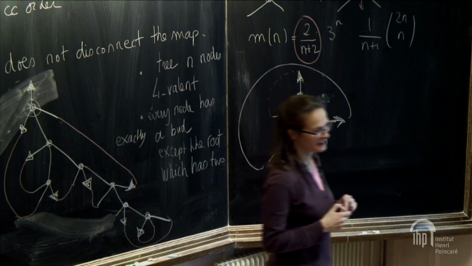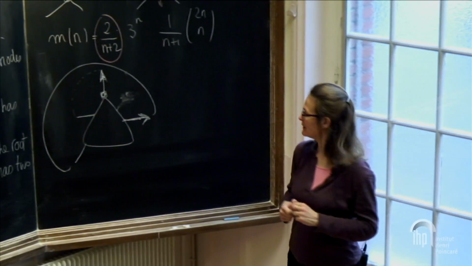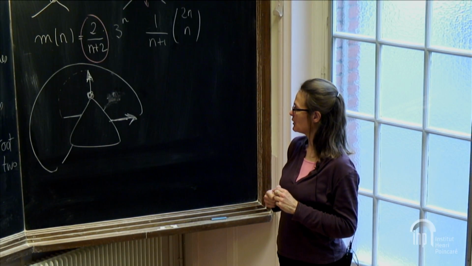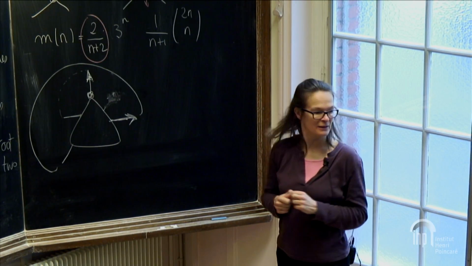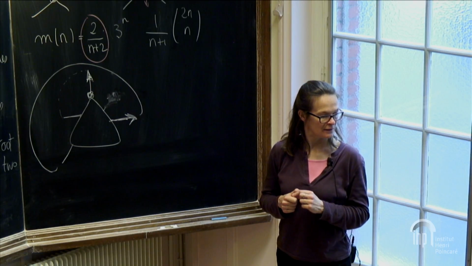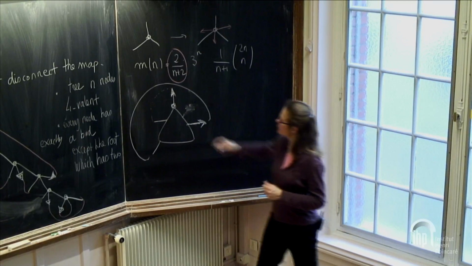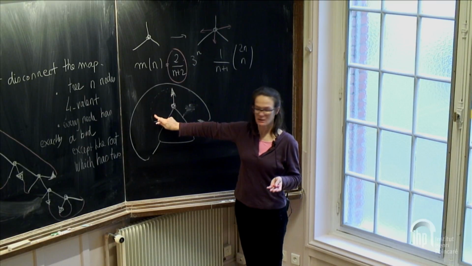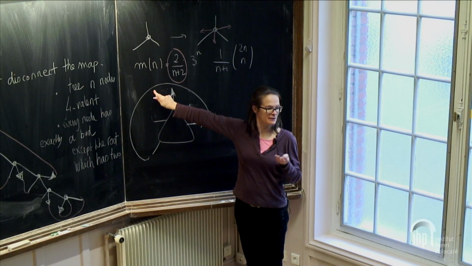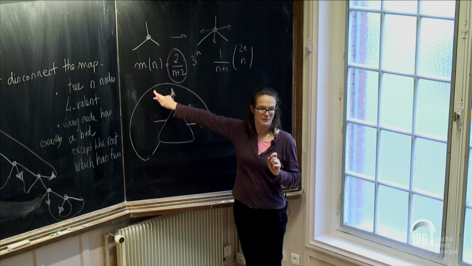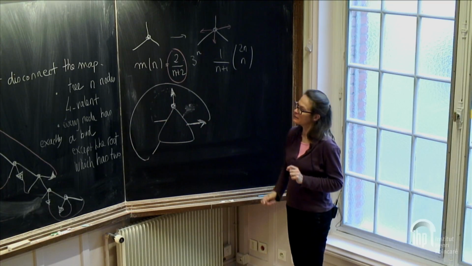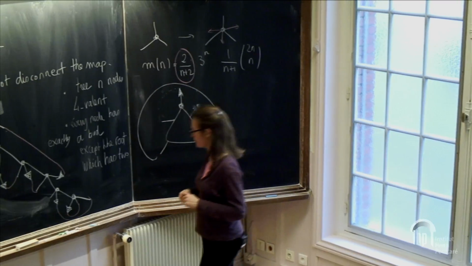What you need is that when you do this matching procedure, you never match the root edge, the root bud, until the end. In other words, when you match it, the face on the right is the infinite face. I think that's a better way of saying that. So there's another way of describing this same property.